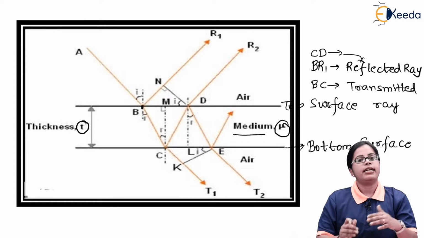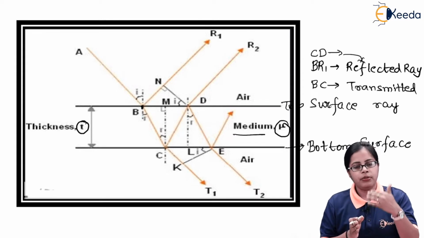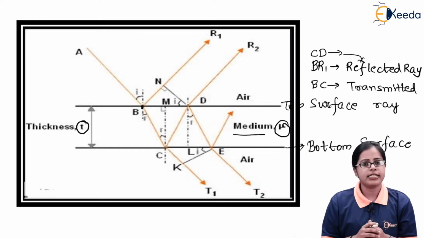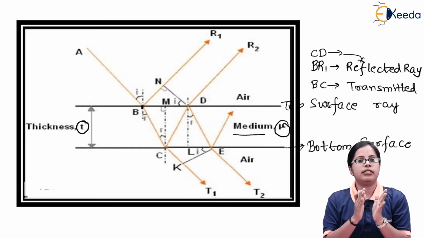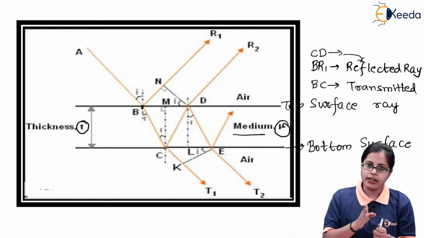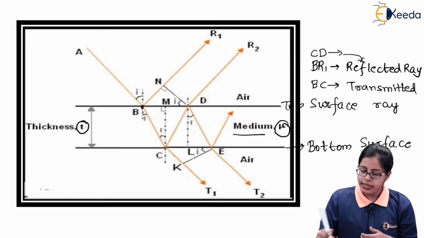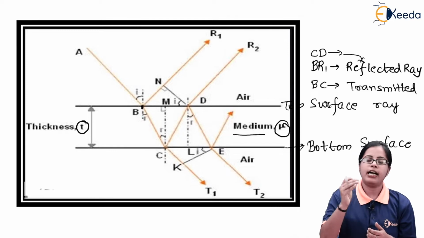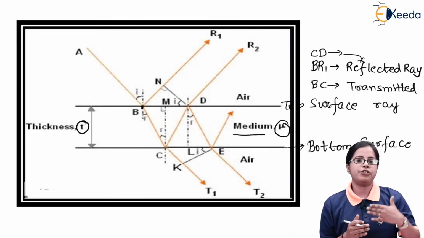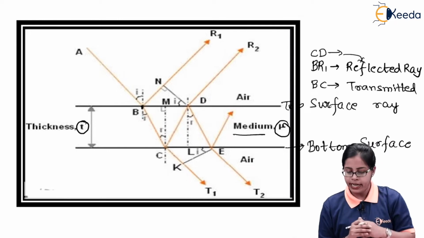At point D, the ray comes out of the thin film into air, so it gets refracted along DR2. DR2 represents the refracted ray because the medium is changing from thin film to air.